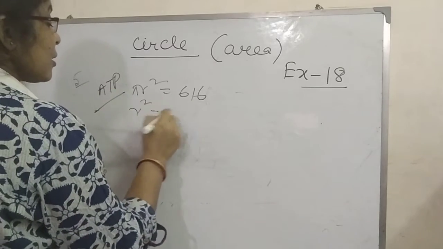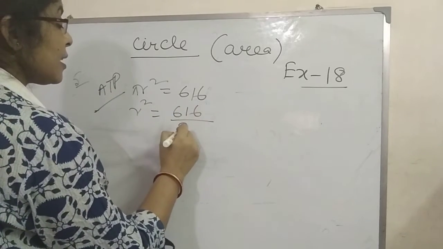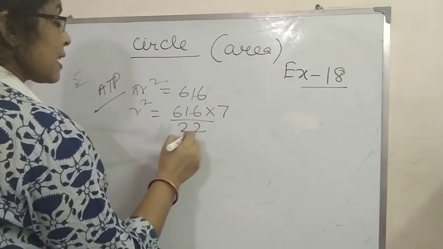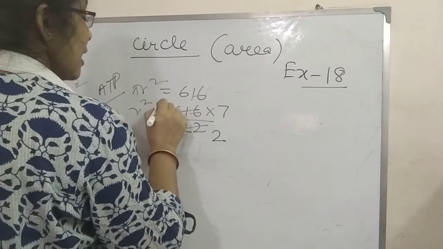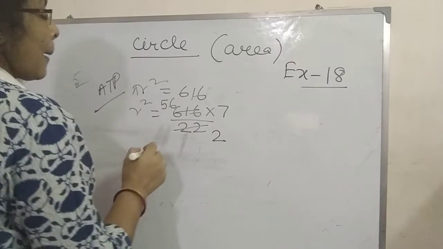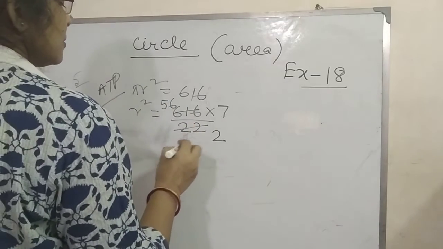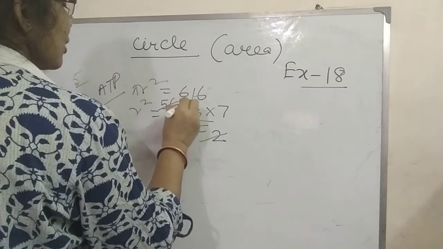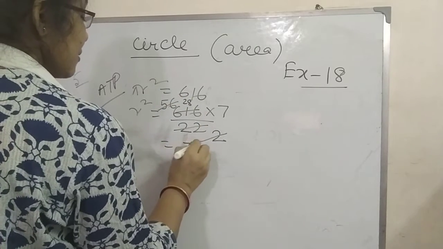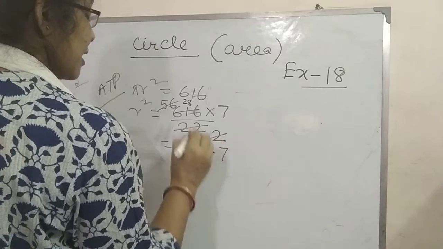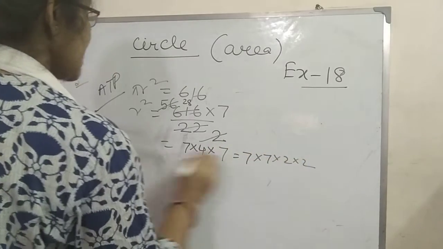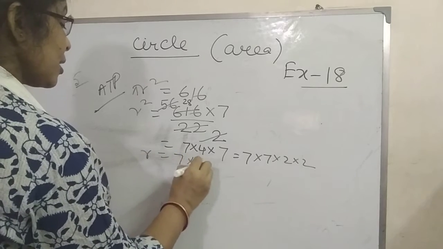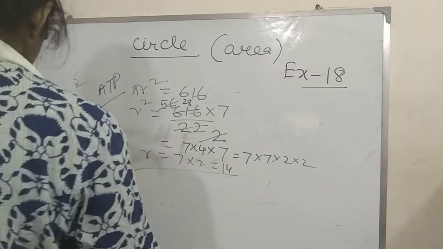That means r square equals 616 by pi, that is 22 by 7. 22 11s are 22, 11 5s, 11 6s. This is equal to 2 into 8. This is equal to 7 into 4 into 7. This is equal to 7 into 7 into 2 into 2. This is r square. Therefore r equals 7 into 2 equals 14.